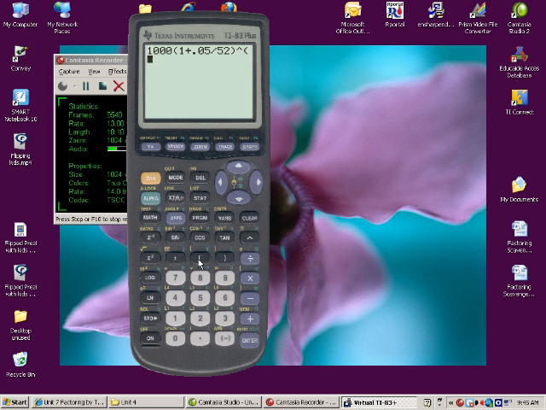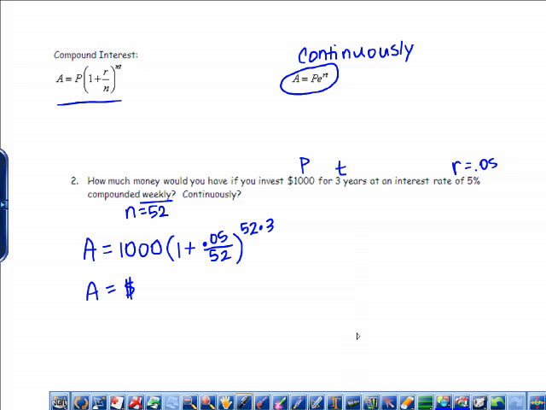One thing I do want to point out is that you have to put parentheses if what's after the caret is more than just a number. If it's an operation like 52 times 3, you have to put that in parentheses, because the power needs to be the total number of times this interest is compounded. So it was 52 times a year for 3 years. All right, so then we get 1161.75. Okay, that's not bad.